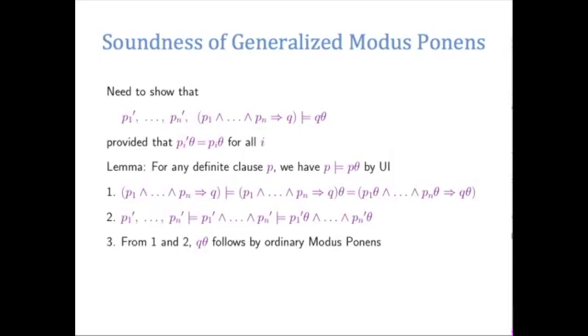That's the same as saying that P1 with substitution theta and P2 with substitution theta and so forth all imply Q with substitution theta. Now, we also know that P1 prime through Pn prime, grounded, entails P1 through Pn, and that entails P1 with substitution theta through Pn with substitution theta.